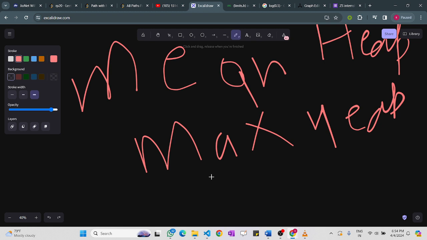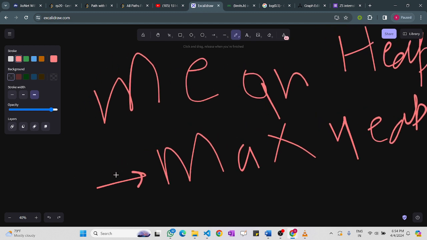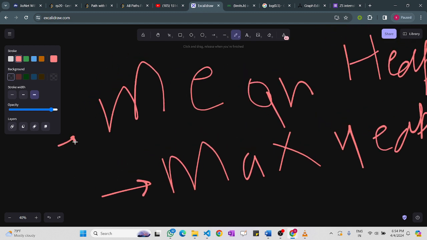But in this case we are asked to find the maximum, so we can't use it as is. We need to modify the algorithm. The first modification is, instead of min, we are going to use max, because we have to find the maximum.